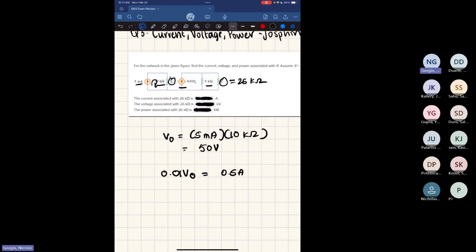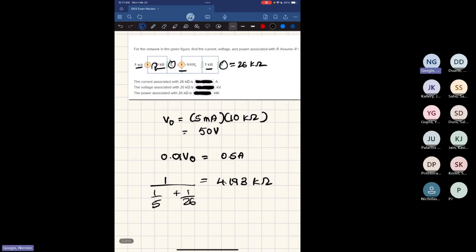We have the 5 kilo ohms and the 26 kilo ohms in parallel. So if we combine those, that should give us 4.193 kilo ohms. That is your combined resistance in parallel.